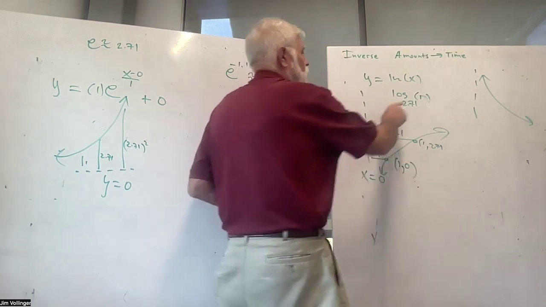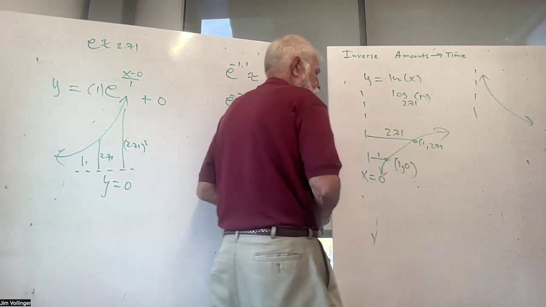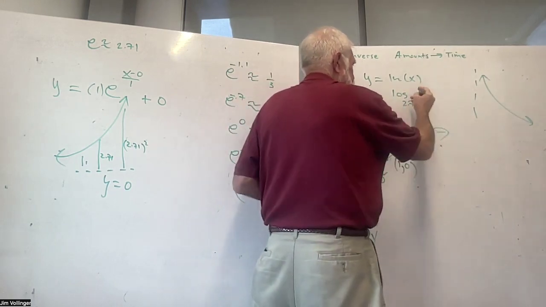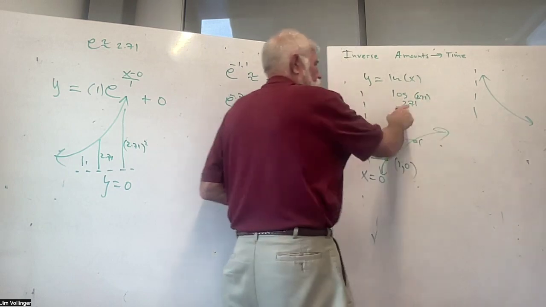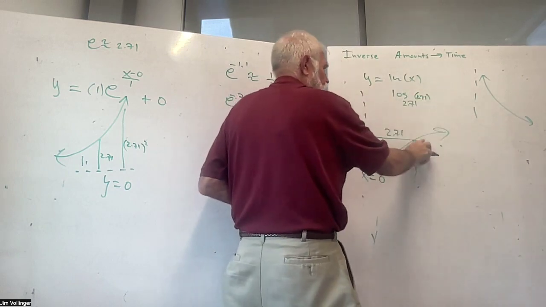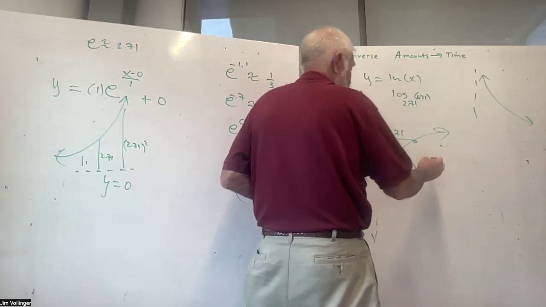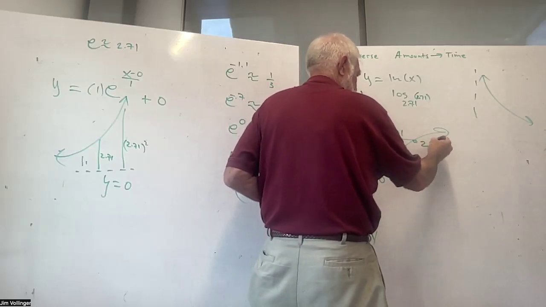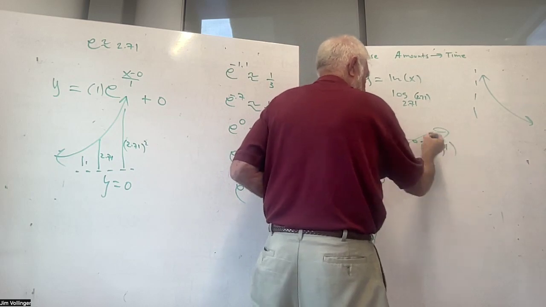Okay, so you put a 0 on top of that, right? And if I want to get 2.71, what do you put on top of 2.71 to get 2.71? Hope you say 1. That's an x distance, yes, and a y distance of 1.